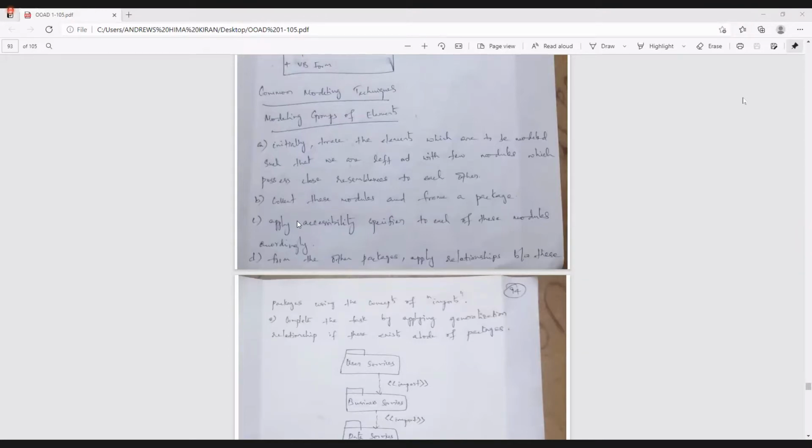For a booking clerk, we can represent a separate use case diagram. For a database system, we can represent a separate use case diagram, like that. Collect these modules and frame a package. So I said 3 individual packages, that means 3 individual diagrams. All these 3 individual diagrams can be combined together to form a class diagram.